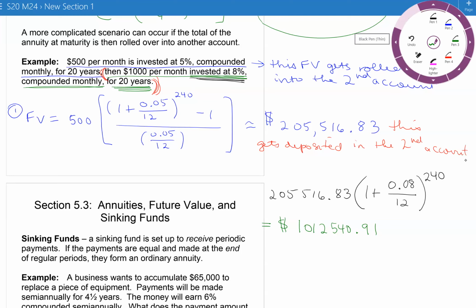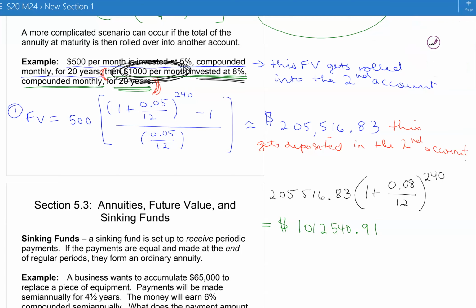Okay, now we have the second annuity, which is the $1,000 a month. So we want the future value of the second annuity. So we have a payment of $1,000 a month, 1 plus my interest rate of 8%, which is a decimal of 0.08, monthly divided by 12.